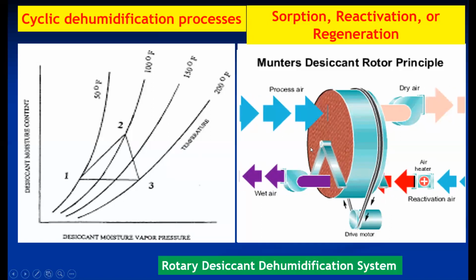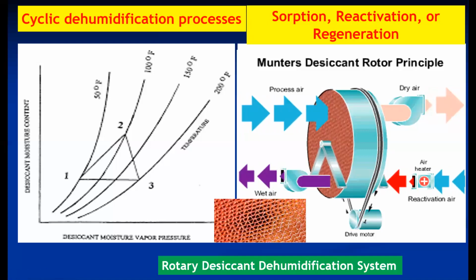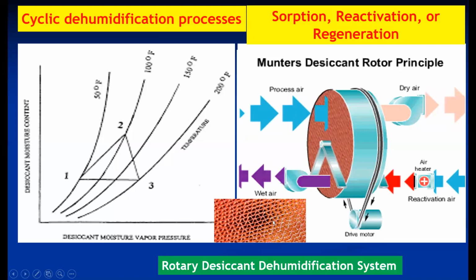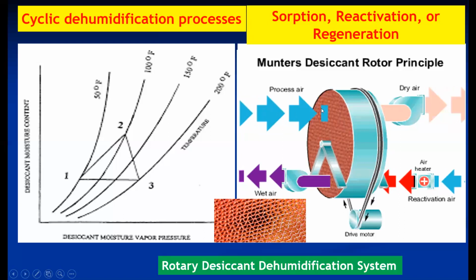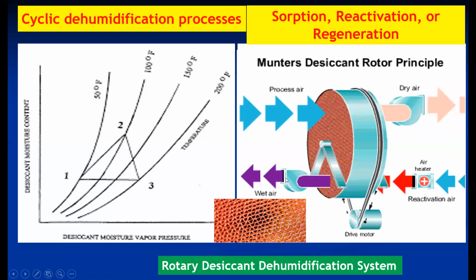So two streams are used, process air as well as reactivation air. This is called the rotary desiccant dehumidification process. Such honeycomb structures are used, and this solid desiccant material is deposited on the honeycomb structure. It absorbs the moisture when it comes in contact with the process air, and it again gives up this moisture to the hot air.